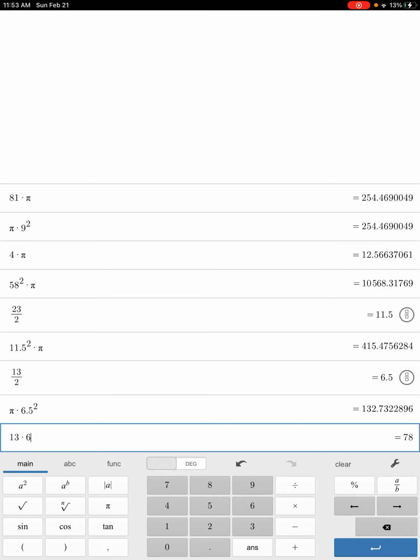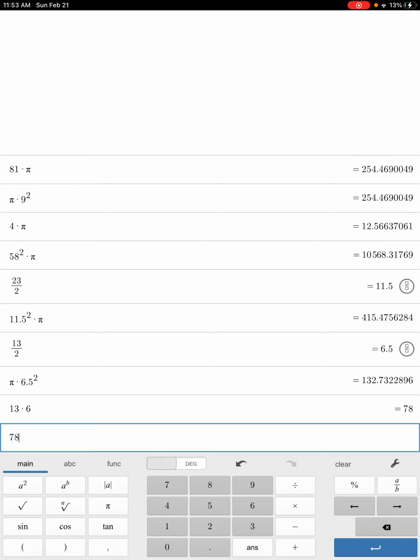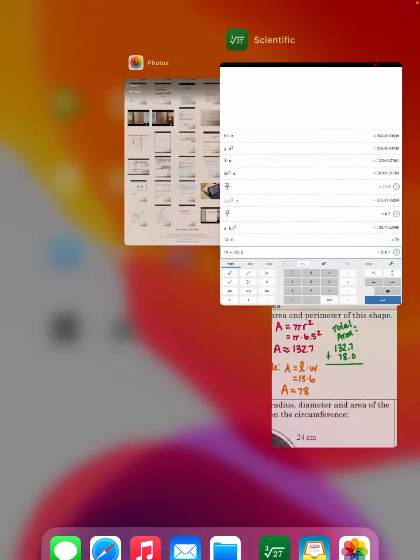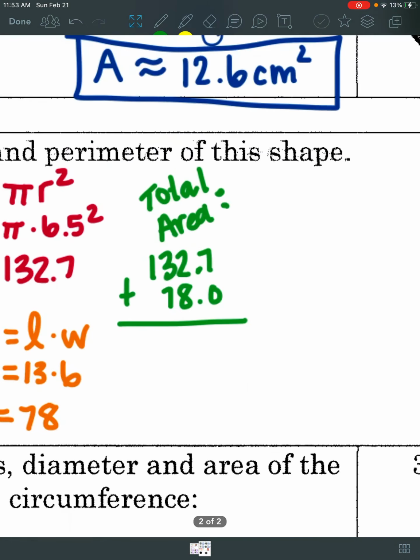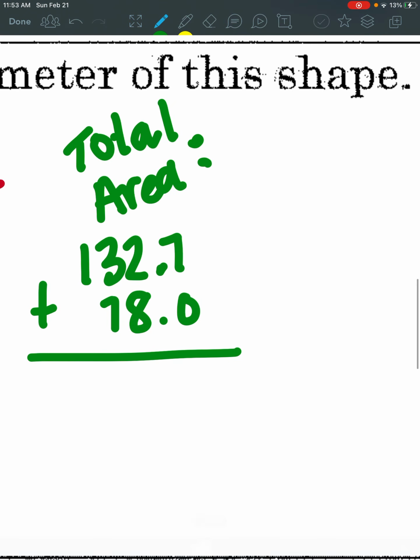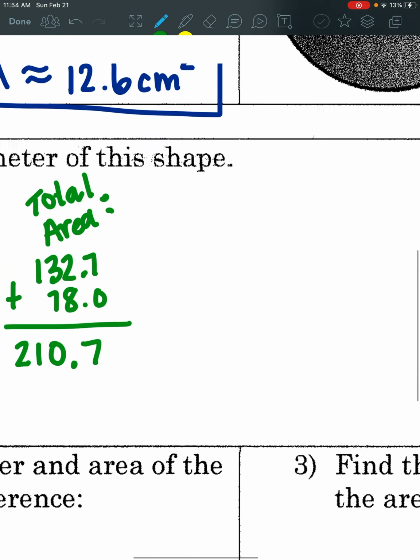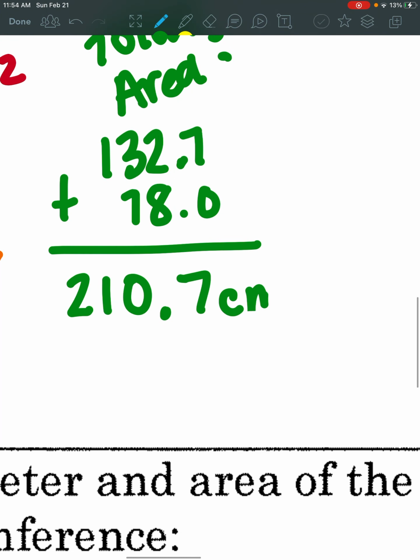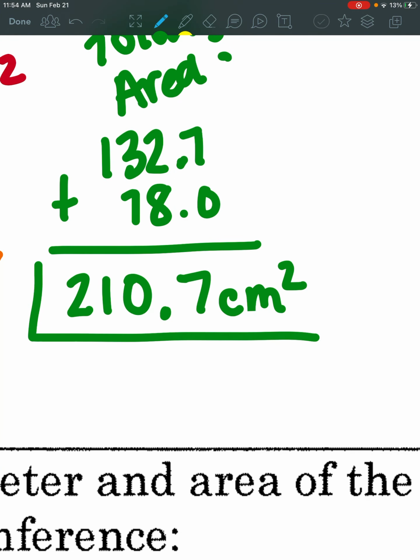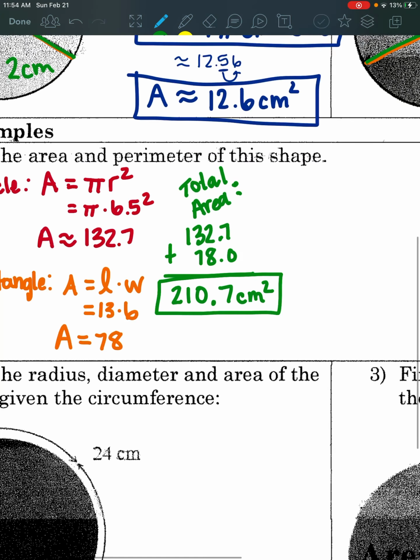And you can use your calculator. So we'll do 78 plus 132.7. We get 210.7. And make sure you label correctly. This is area, so this is centimeters squared. And that is our rounded answer.